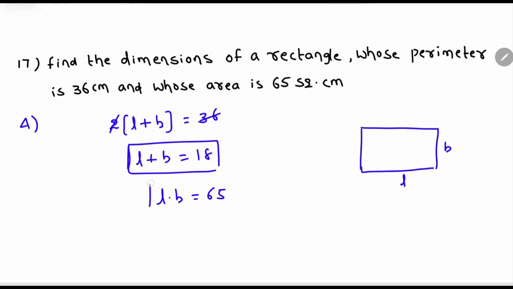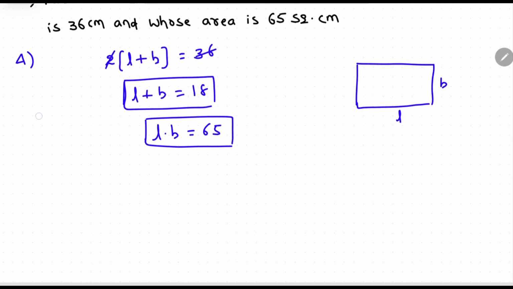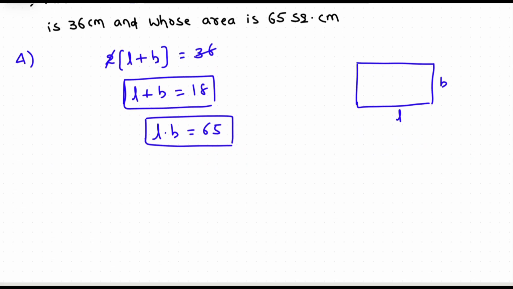So to get the L value and B value we have to find L minus B. So I am writing (L minus B) whole power 2 here. We have the formula (L plus B) whole power 2 minus 4 into LB. It is the normal algebraic formula.